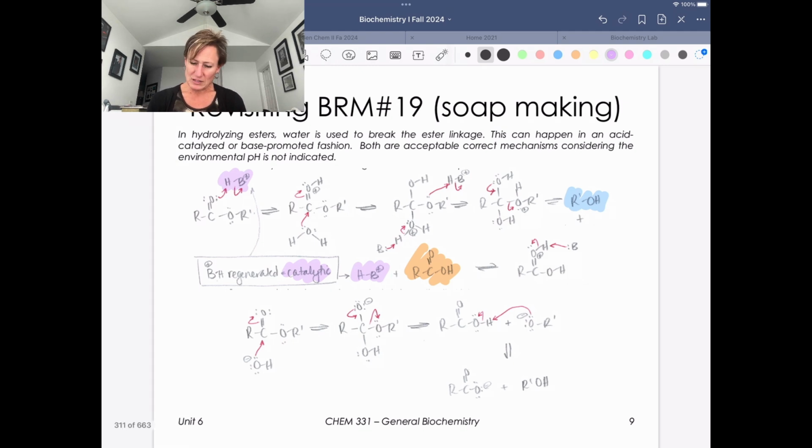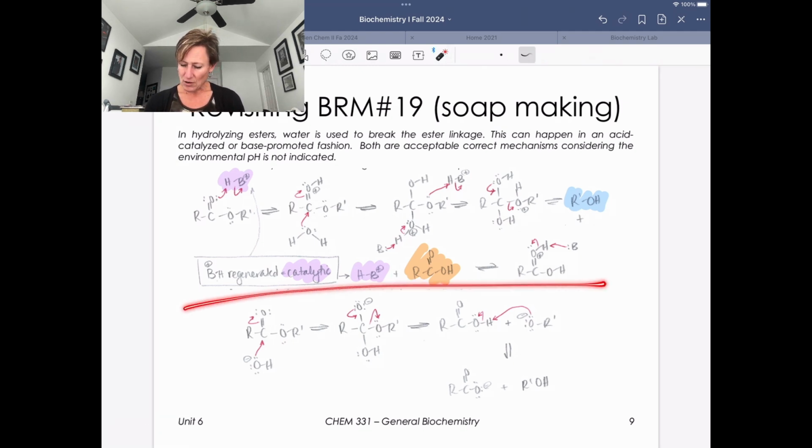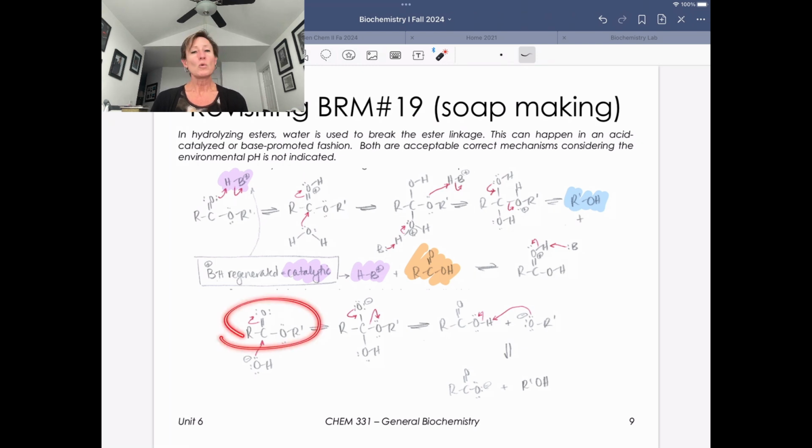Note the difference when we look at the mechanism down here, this is what we call base promoted. It's not base catalyzed. We don't regenerate the base catalyst. This reaction is promoted because in using hydroxide, we use a better nucleophile. So we are going to be able to better react with that electrophilic carbonyl.